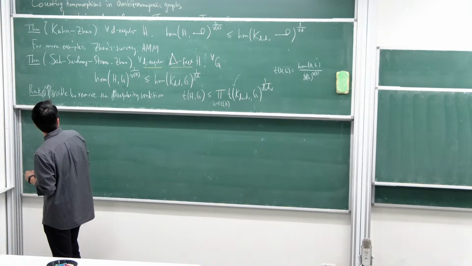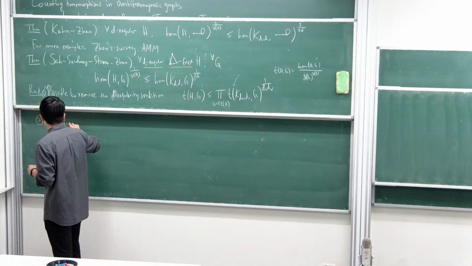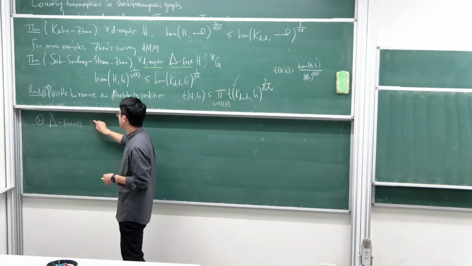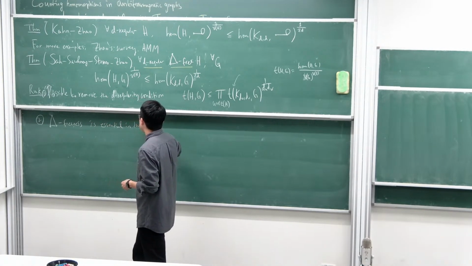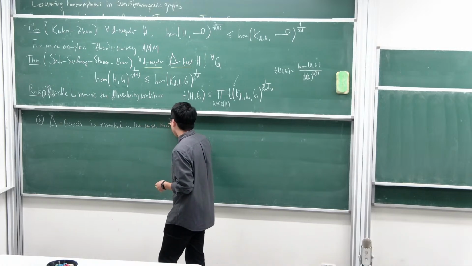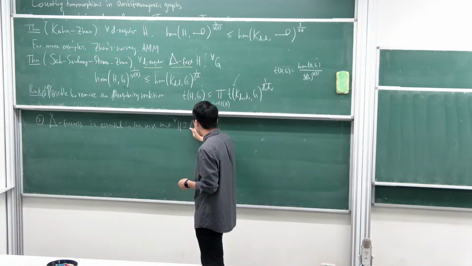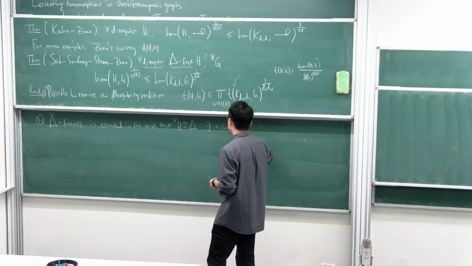Okay. The second remark is the triangle freeness is absolutely essential in the sense that whenever you have H that contains a triangle, there exists a counterexample.